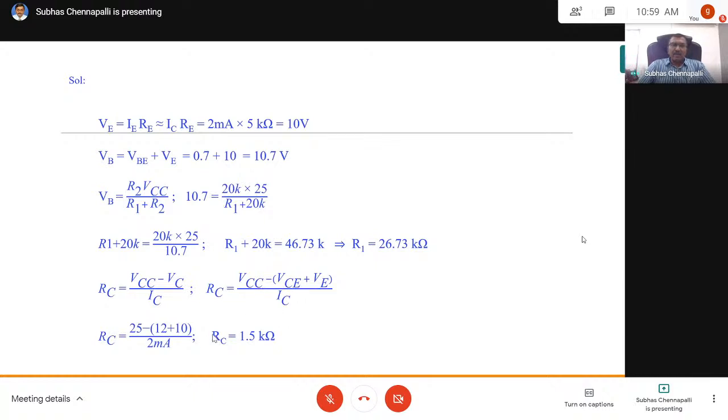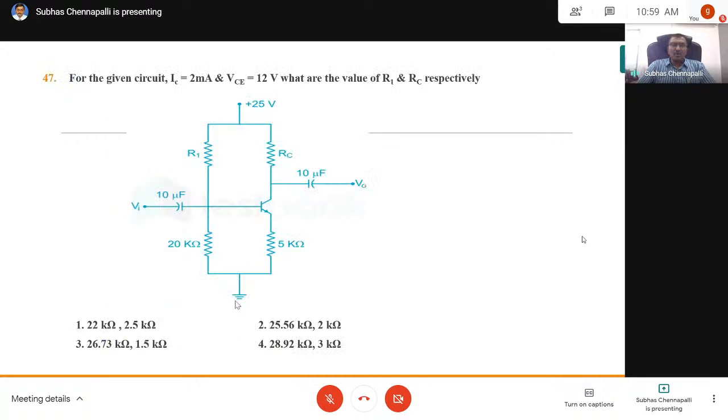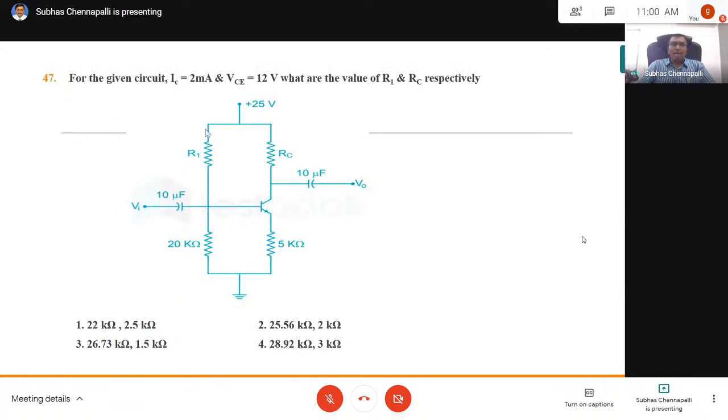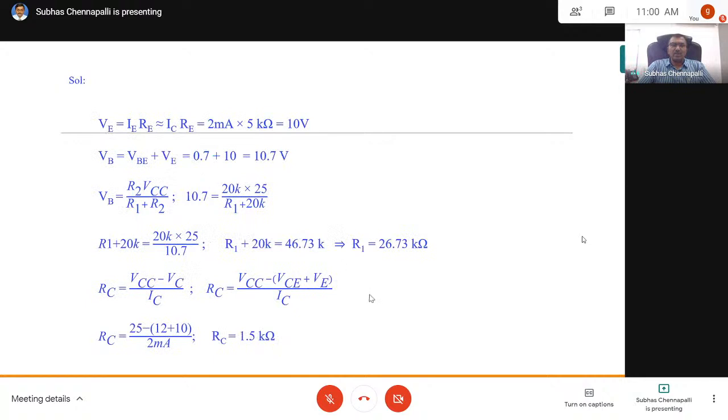VCC I know, and VCE is given as 12 volts. Then I have calculated VE as 10 volts. So 25 minus 22 by 2, is it? So we will get 1.3 kilo ohms. Yeah, so this is what is asked: what is R1, what is RC. That's how we are doing.